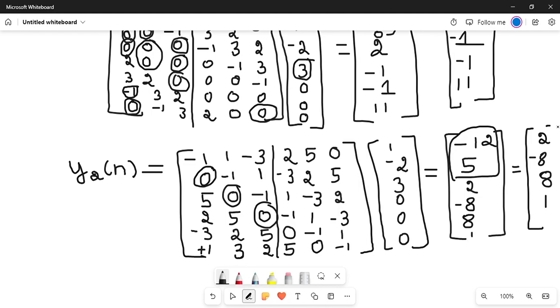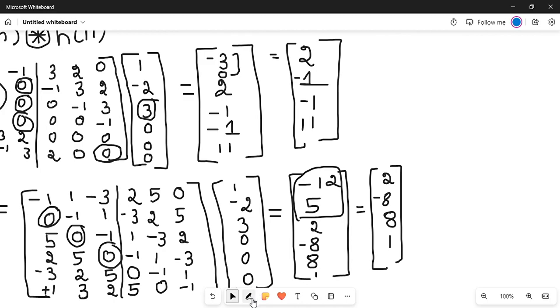So now let's join this. So we'll join it. When we join it, we'll get the resultant as what? So I'll get my resultant y of n is equal to, just a minute.